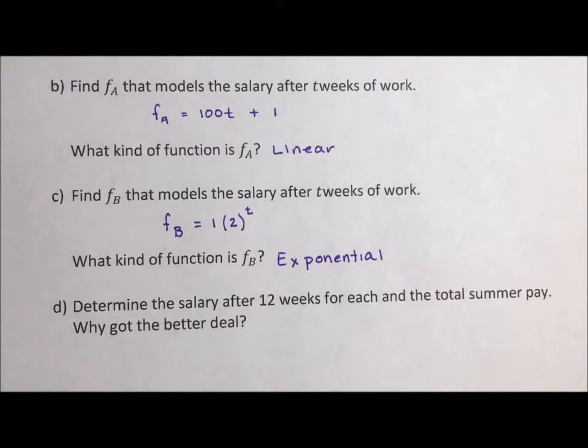All right, determine the salary after 12 weeks for each and the total summer pay. Okay. So for Sean, after 12 weeks, that's $100 for 12 weeks plus the original $1. He is going to get $1,201 on week 12. For Heather, that's 2 to the 12th times 1.